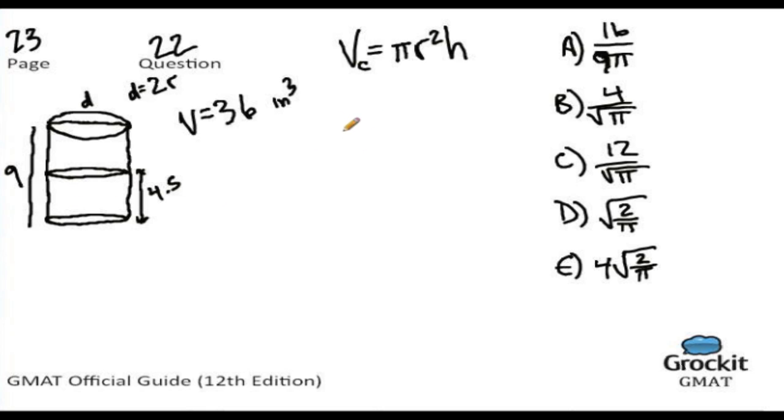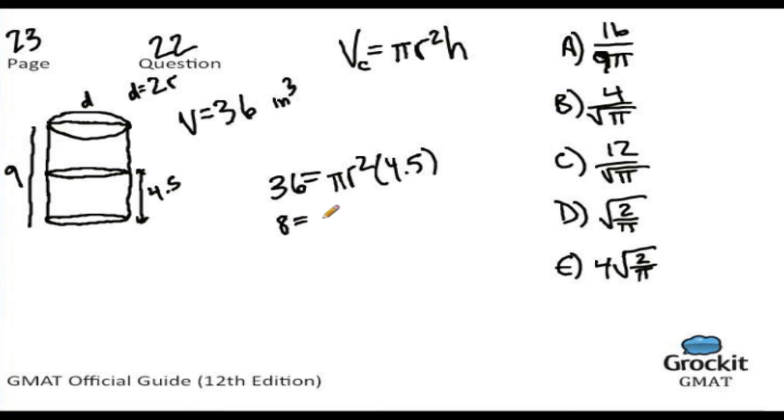So we can compute the volume of that one. The volume of water we have is 36. So 36 equals pi times the radius squared, we don't have the radius, times the height, which is 4.5. We can divide both sides by 4.5 first to get just the numbers all on one side.